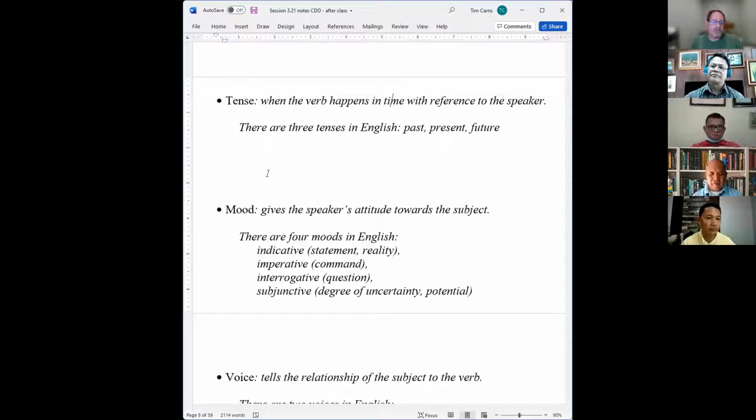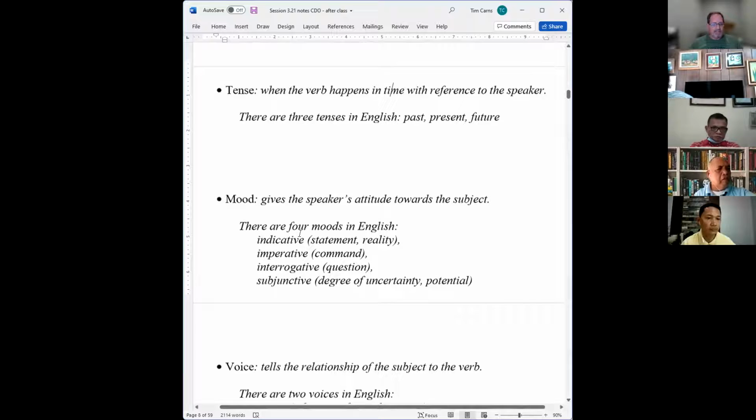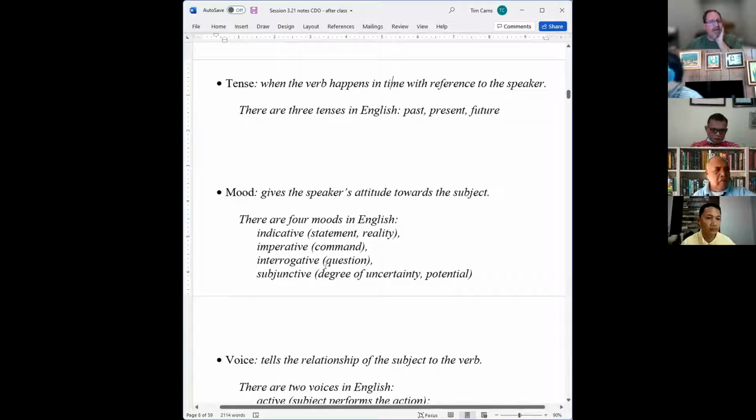And then the interrogative is a question, and then the subjunctive, which is similar to the indicative, except there's a degree of uncertainty. It is a statement, but not necessarily a statement of fact or reality, because there is some doubt or some uncertainty related to the action. So that's called the subjunctive mood. And in English, you'll see that indicated by a word such as might or may, in addition to the verb.